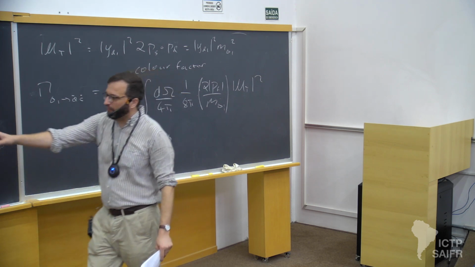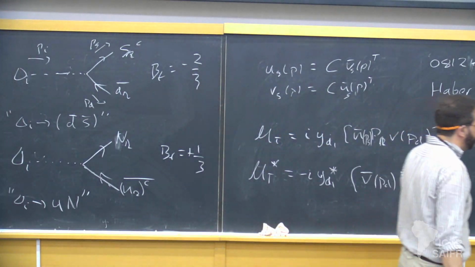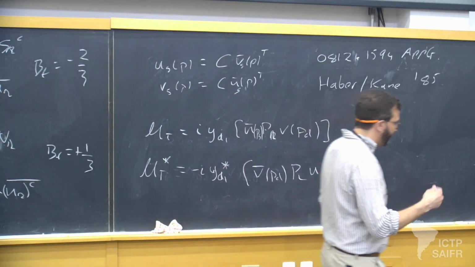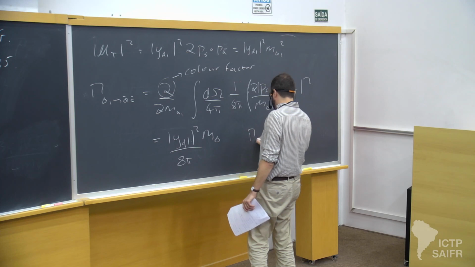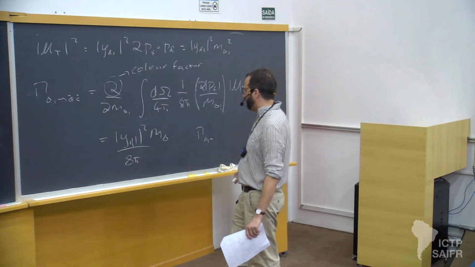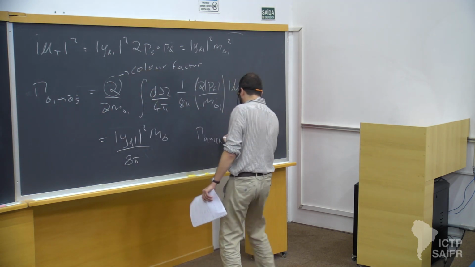And for the other decay rate, everything is the same, and we're also ignoring the mass of this particle here. So in the end, gamma delta 1 to u n.